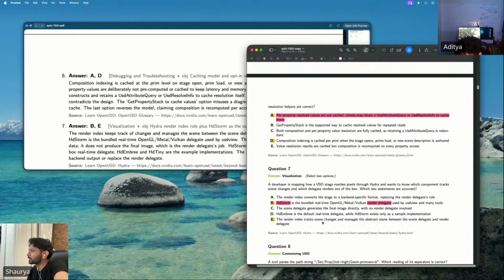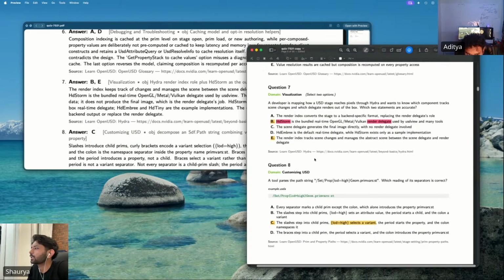The render index tracks scene changes and manages the abstract scene between the scene delegate and the render delegate. Okay, got it. Eighth is C, correct.